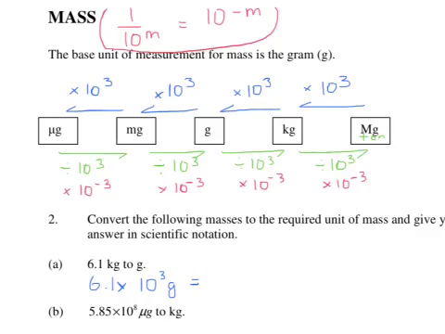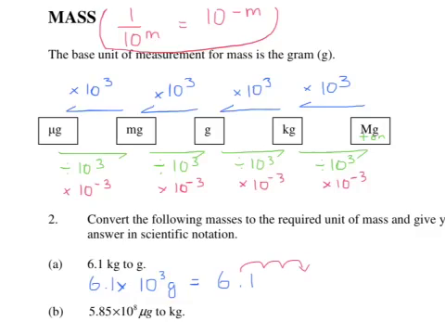To convert that to a conventional number, we'll have the 6.1. We now need to move the decimal place 1, 2, 3 places because we're multiplying by 1,000.